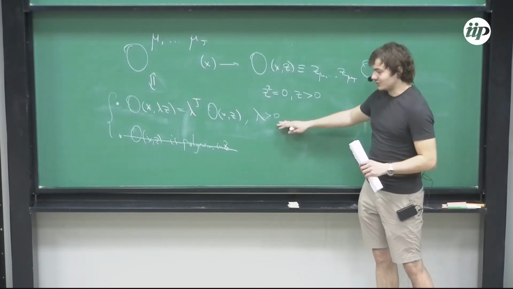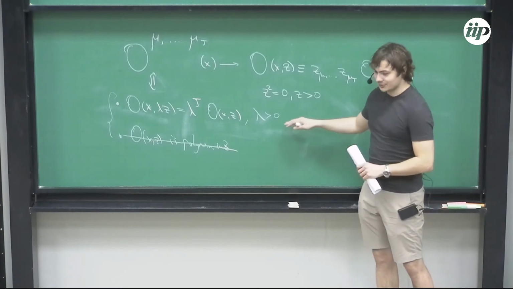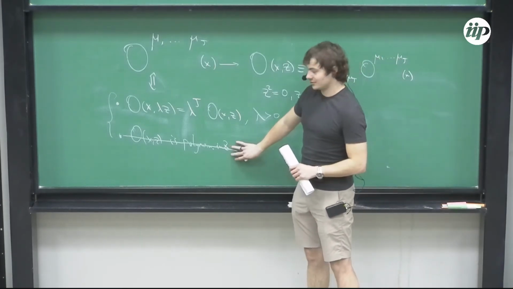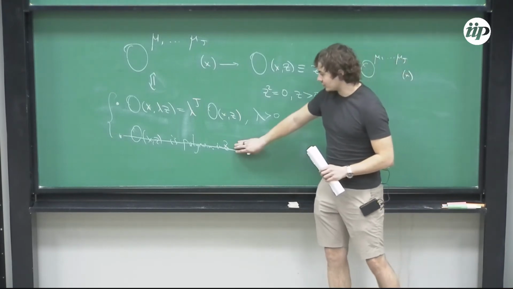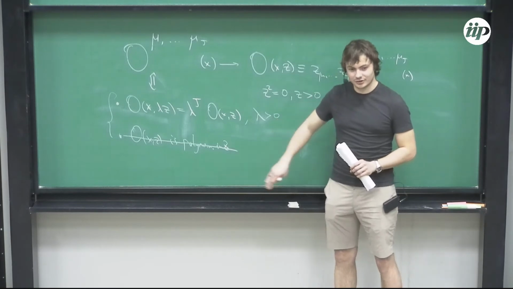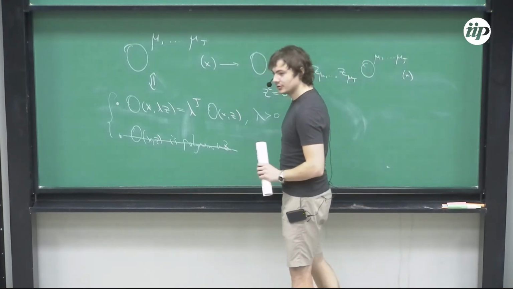So you can land on this definition just by doing standard representation theory analysis. I just don't want to go into this, but dropping this requirement is the correct thing to do. You should think of this as a shortening condition which is only possible for integer j. For non-integer j, it's not possible. It's not Lorentz invariant to impose this.